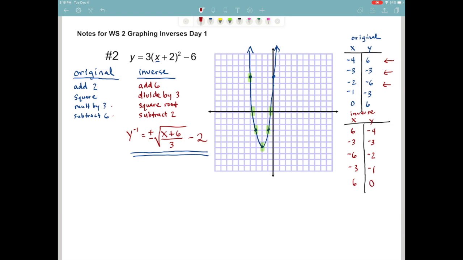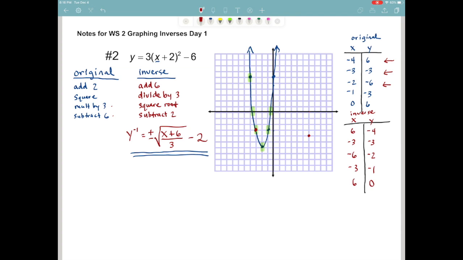So let's go ahead and plot those on our graph. Let's go over to the right 6, and then down 4. We've got negative 3, negative 3, so they share that point.